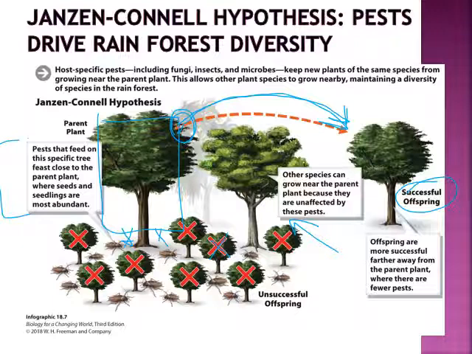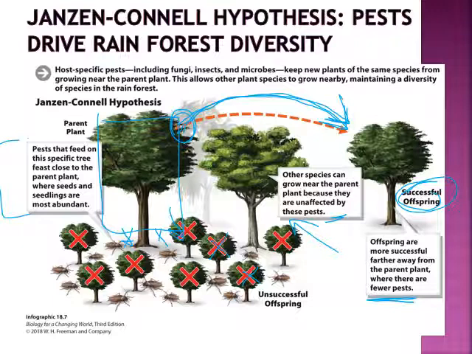All of these are unsuccessful offspring because they may have been seeded or sprouted a little too close to the parent tree that had the pests, and so they were also infected. But the pod that explodes and goes 100 feet away or 100 yards away, let's say, will be successful because those pests can't get that far and they're encountering other species that aren't affected by them. So this is one of the things that really drives rainforest diversity.